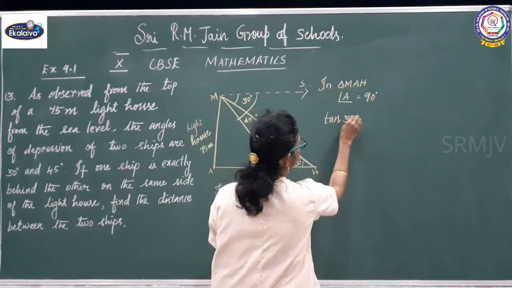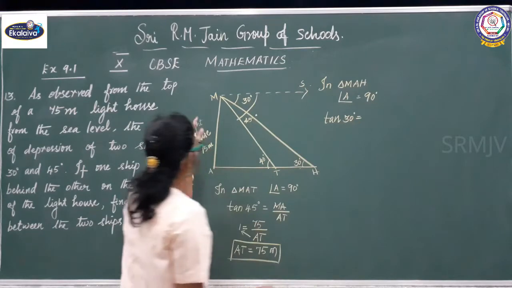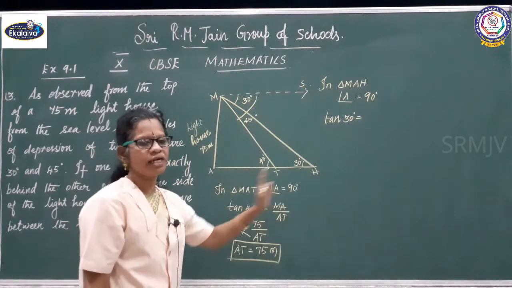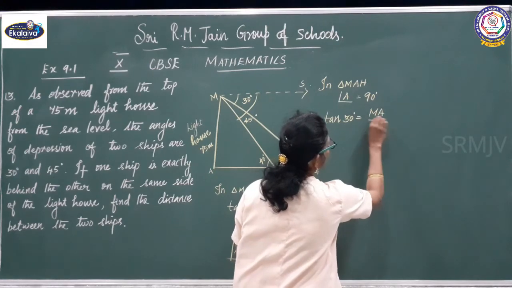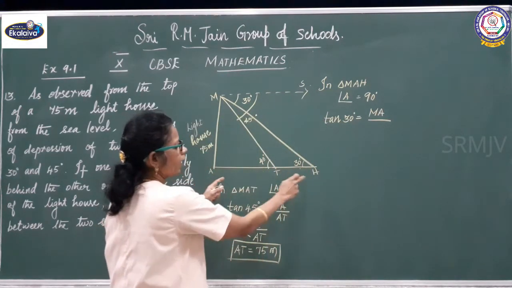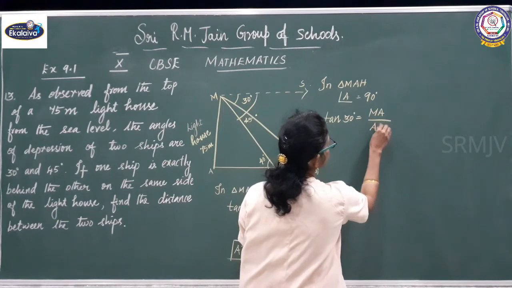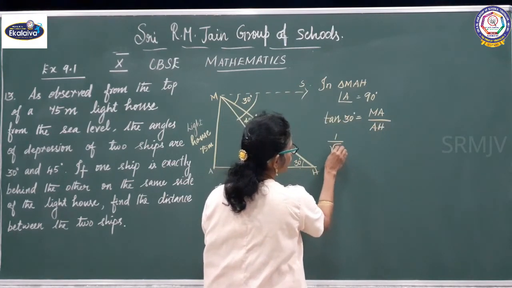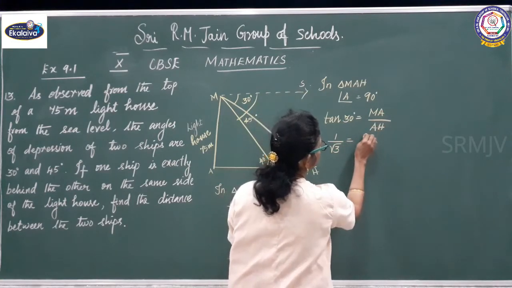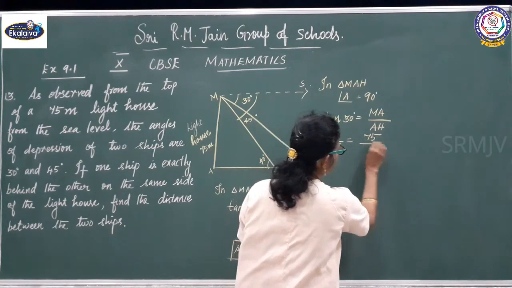Tan 30 degree equal to opposite by adjacent. Which is your opposite side? MA. What is your adjacent? AH. Tan 30 degree value you know 1 by root 3. Which is equal to MA is given as 75.